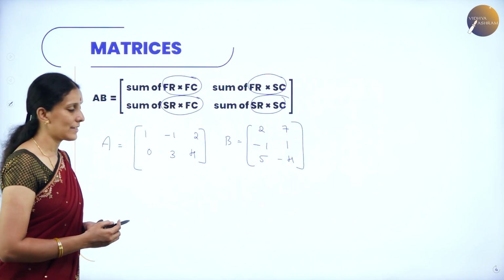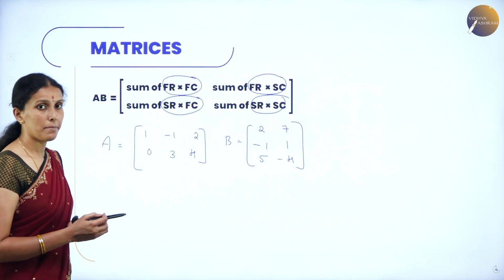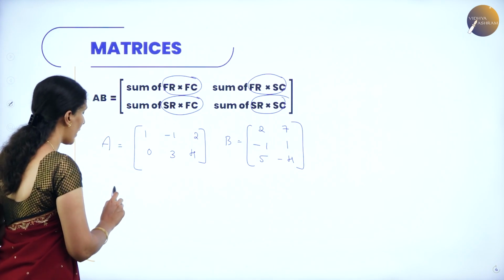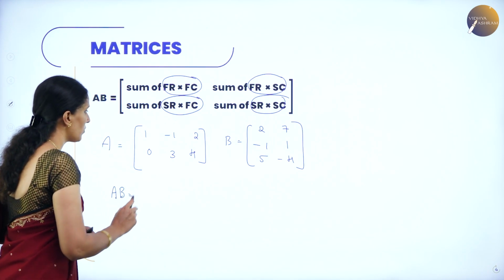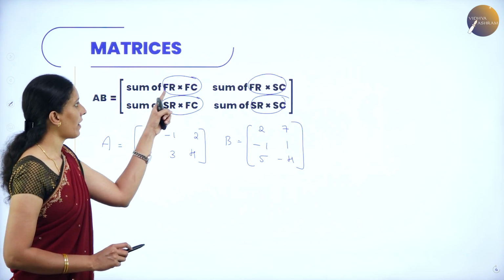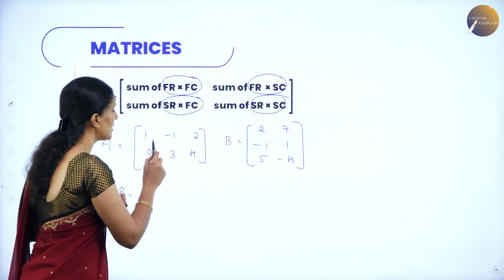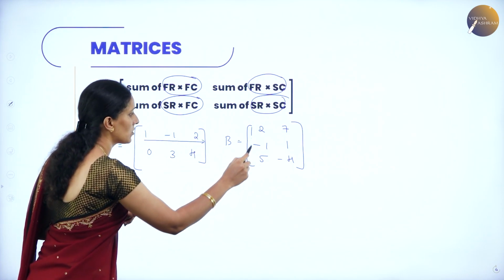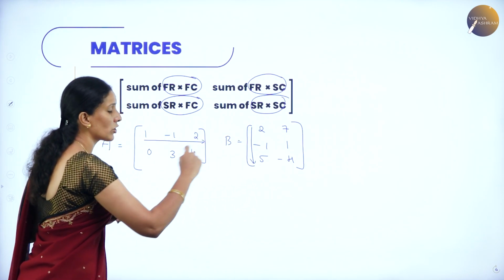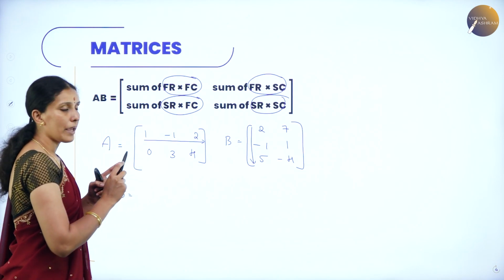So these are the examples we have taken, matrix A and matrix B. Now how to find out AB? First find out the product of first row and first column elements. This is the first row and this is the first column. So multiply each corresponding value and make a sum of it.